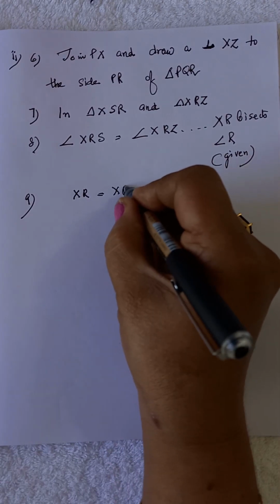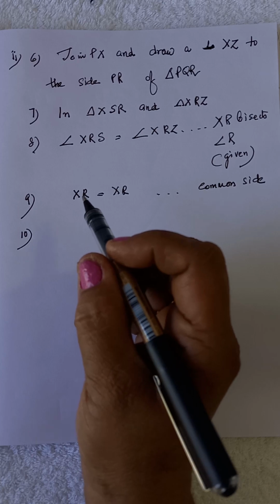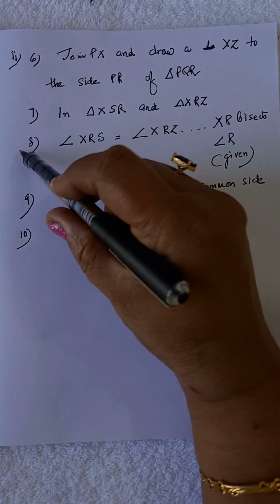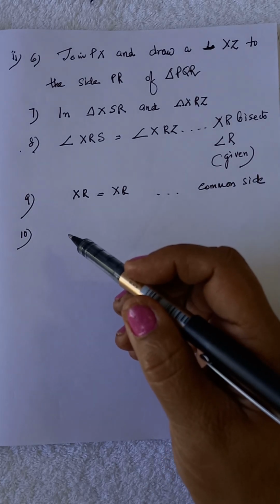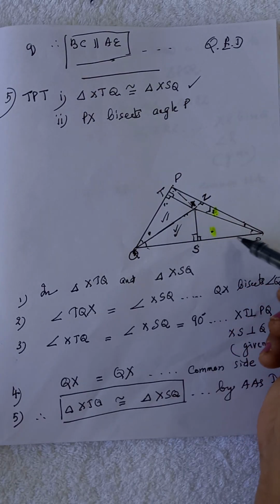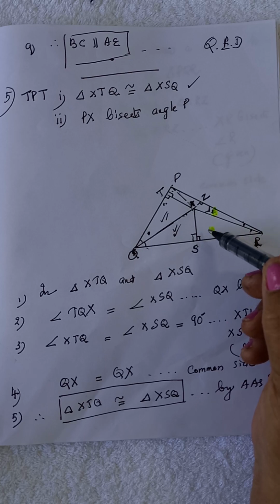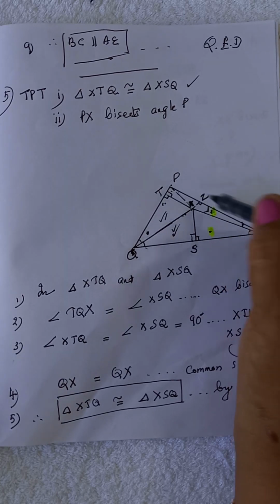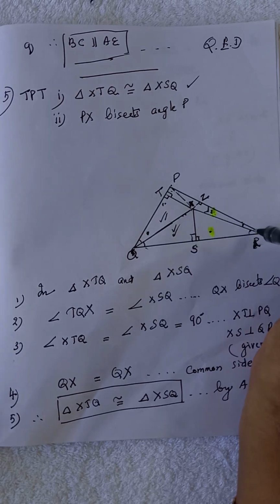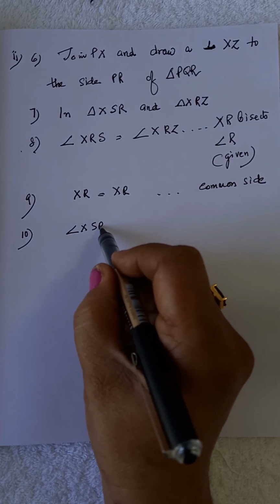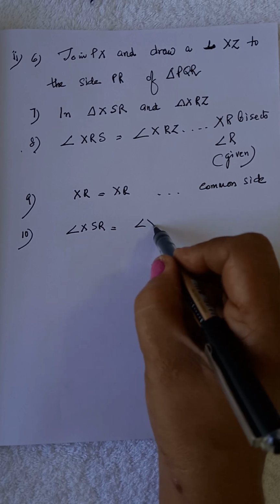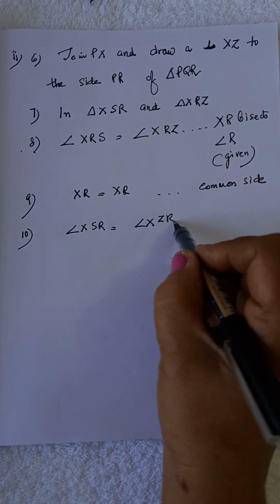Reason is common side. 10th point, here one angle we got as equal, one side we got as equal. Now let us see this angle XSR, that is 90 degrees. Here this XZ is perpendicular to PR, so angle XZR also will be 90 degrees. 10th point is angle XSR is equal to angle XZR, that is equal to 90 degrees, that is given.